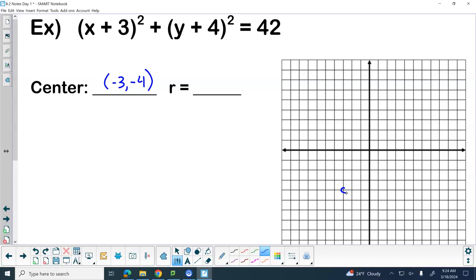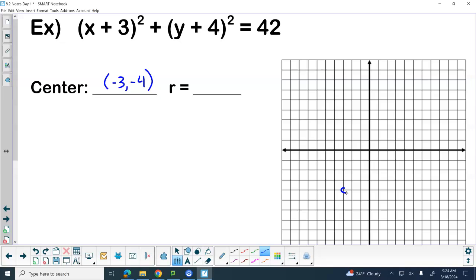Radius. What is the radius? 4? No, it is not 4. We always give radius as an exact one. 6 point something. Because that's not going to give you the exact answer.